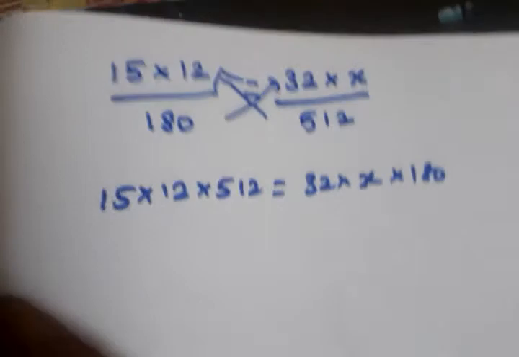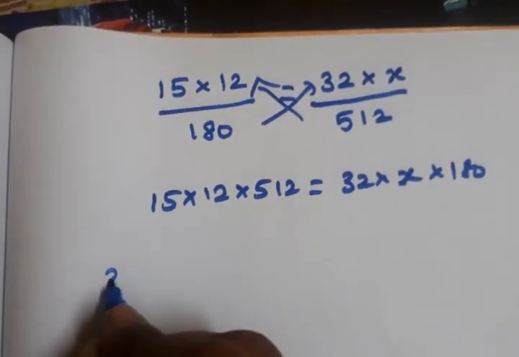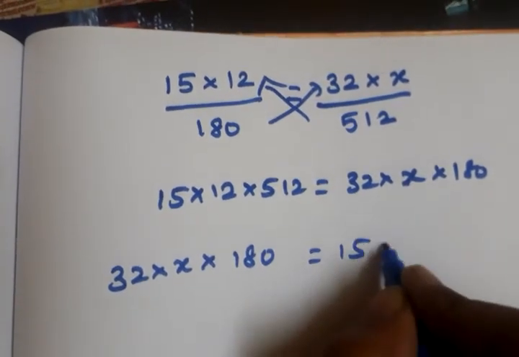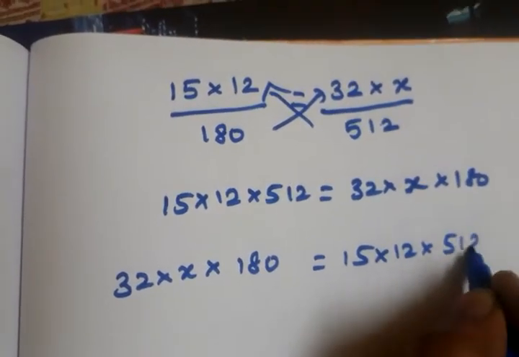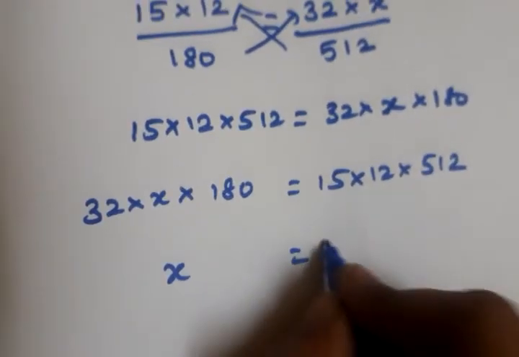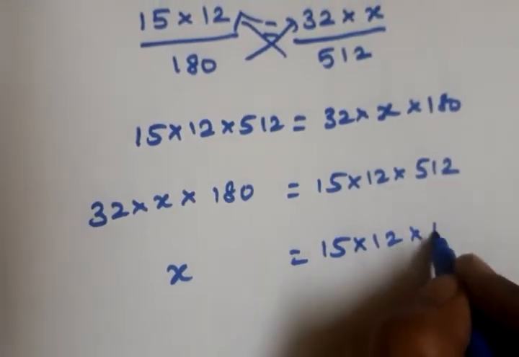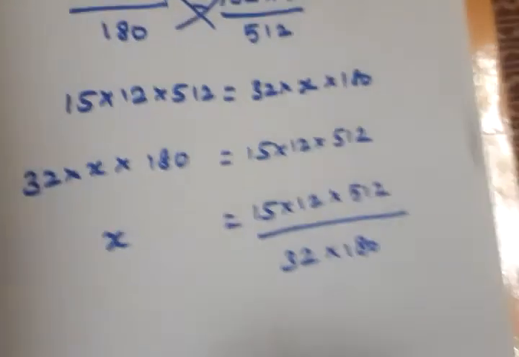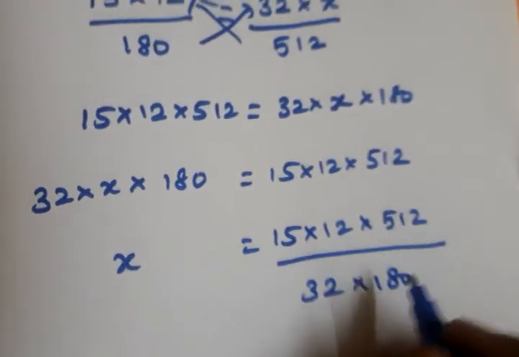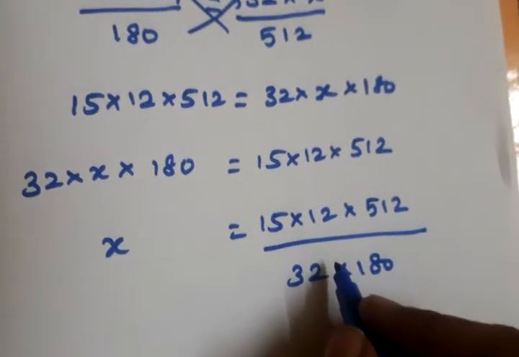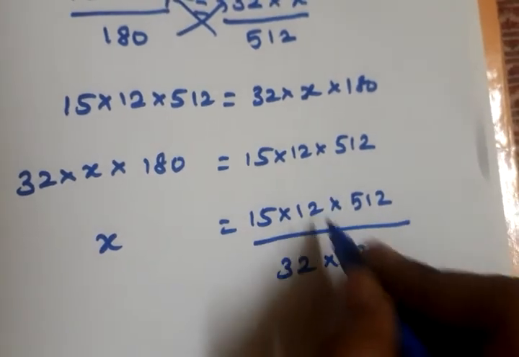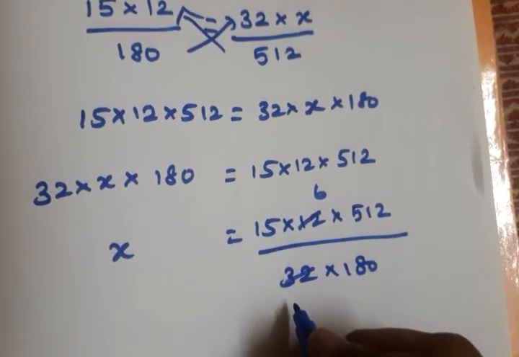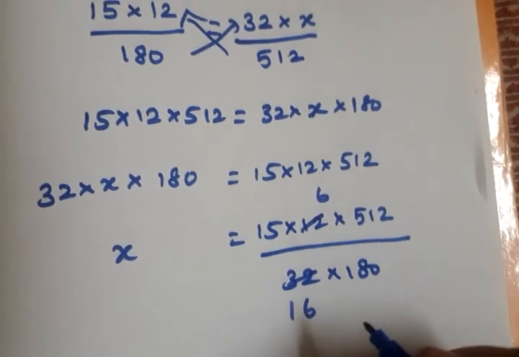Okay. Next, 32 into X into 180 equal to 15 into 12 into 512. So X equals 15 into 12 into 512 divided by 32 into 180. Okay, so now we cancel. 6 2s are 12. 16 2s are 32.